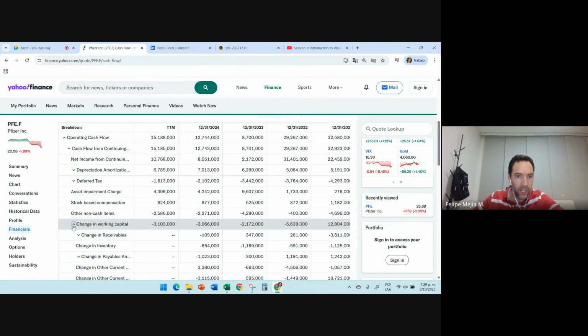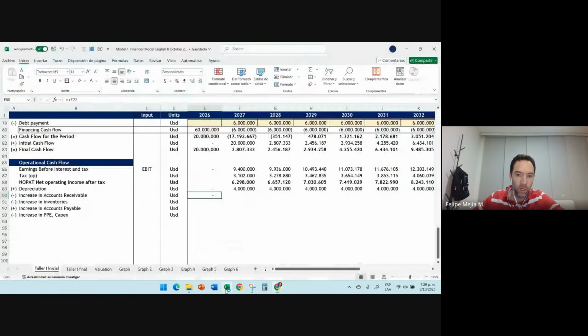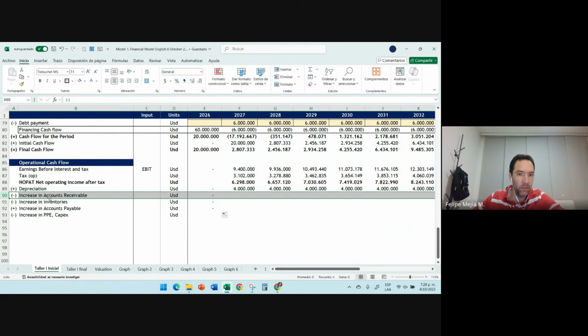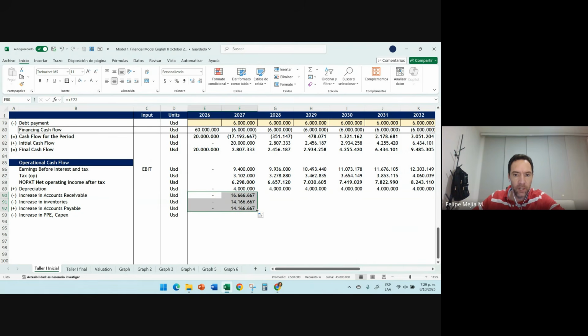But if you open it again, then you see receivables, inventory, and payables. That is the detail that I like to open, particularly because it's different to have a liability than to have an asset, as we talked about before.